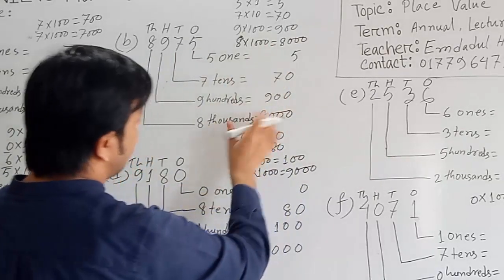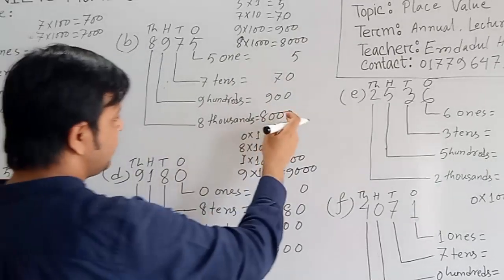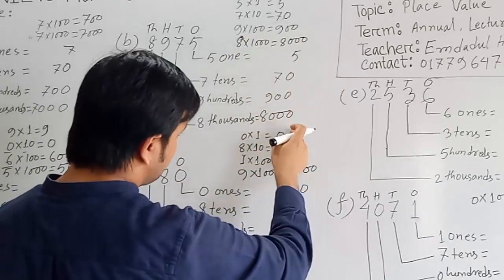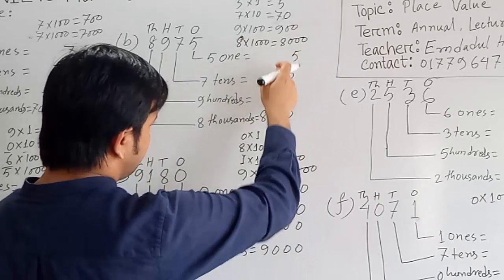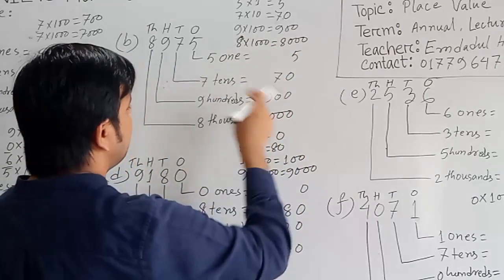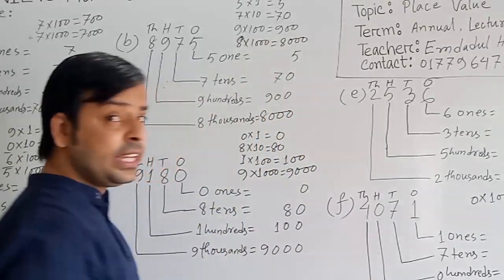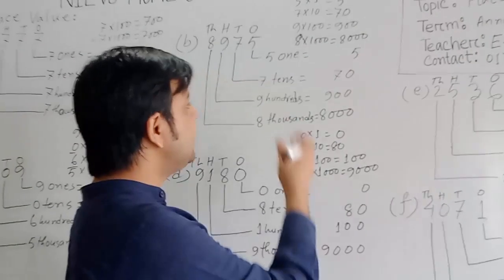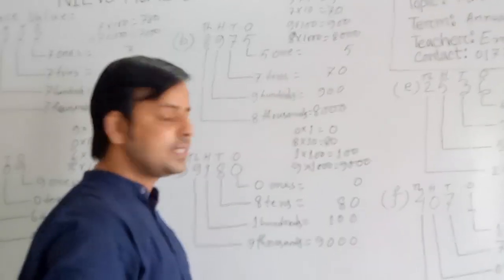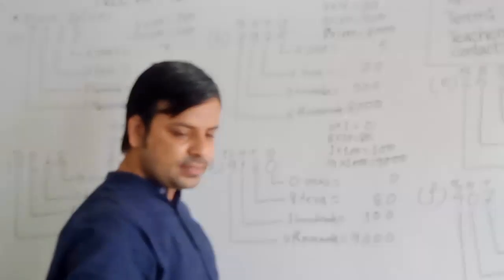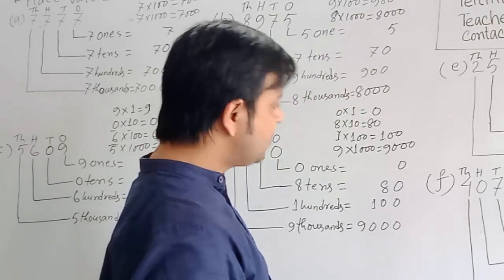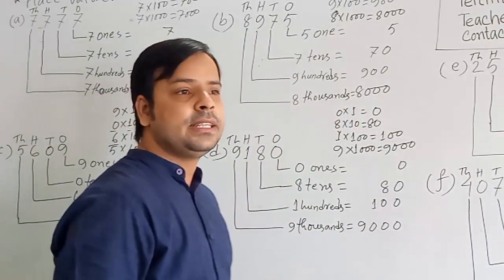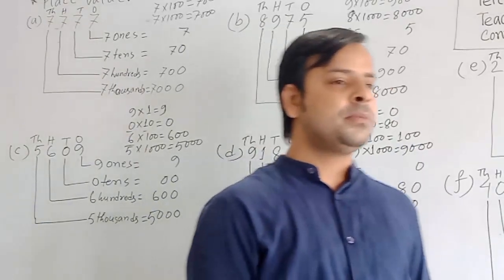Always write the ones position in one line and tens position in one line. It means following the same vertical line, you will write the digits. Apply this technique and practice place value at home.